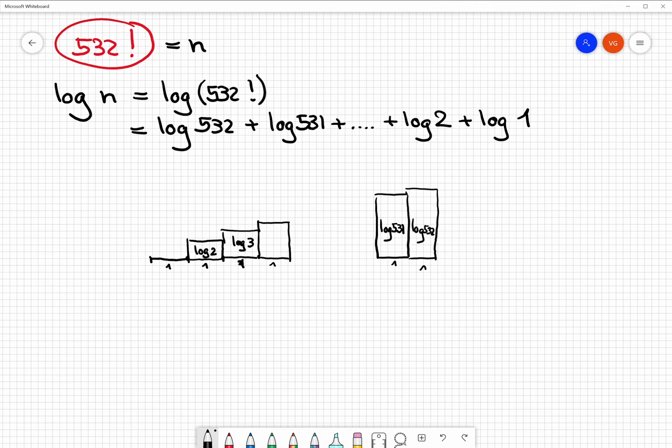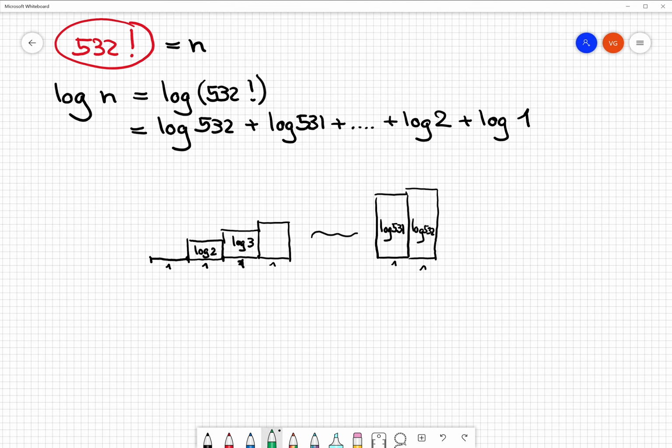What we want to do is compute the sum of all of these, so the sum of all these areas. This is very hard to do, but we can make a guess, we can estimate, we can approximate them. Okay?